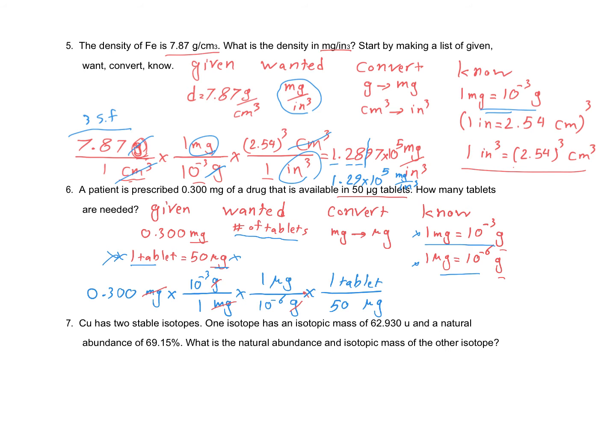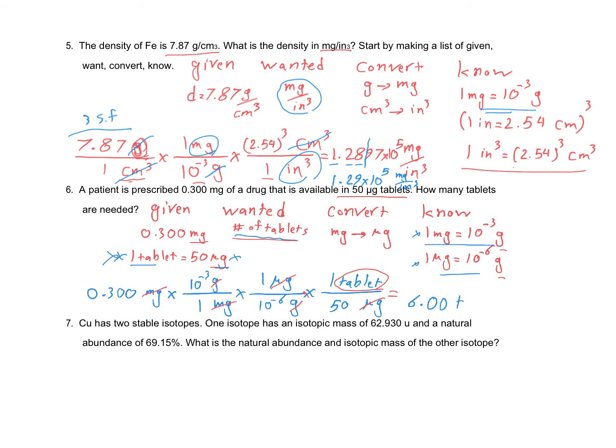Okay, so I can get rid of microgram with microgram, and I end up with number of tablets, and that's exactly what we need. Okay, so we are done here. So the rest is just putting these numbers in the calculator, and what you get is 6.00 times, well, there's no times, it's just 6 tablets.